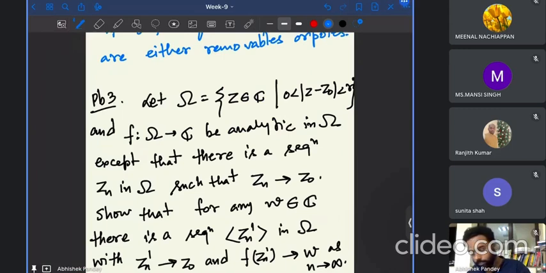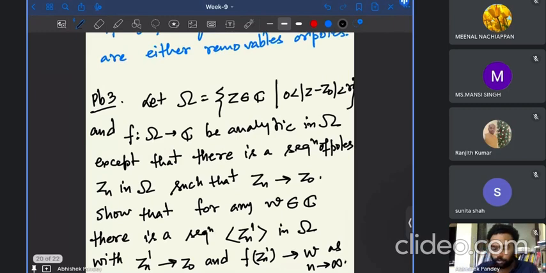Okay, so basically in the original case, this sequence Zn, these are basically the poles. Okay, so write it down. There is a sequence of poles Zn in omega, such that Zn tends to Z naught. Okay.